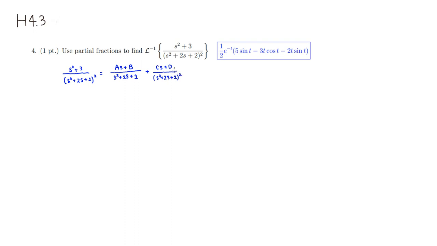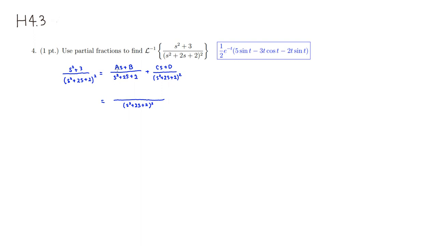Then combine these two. Taking the common denominator, it's going to be (s squared plus 2s plus 2) squared. For the first one we have to multiply the denominator by itself, so we multiply the numerator by the same thing.